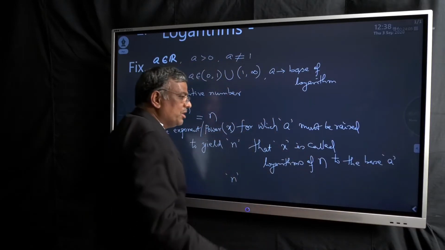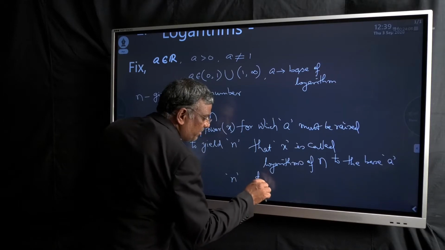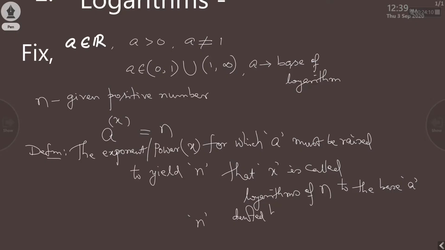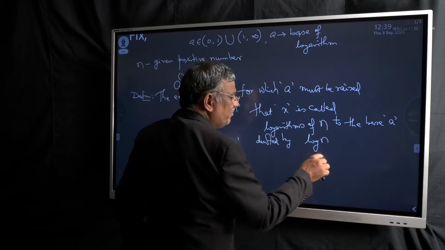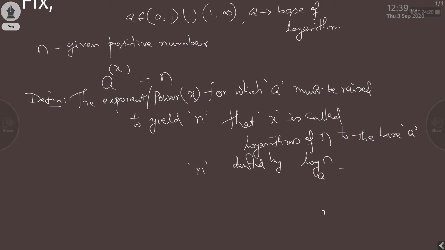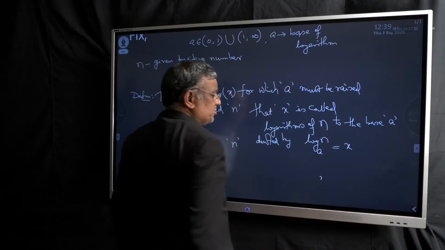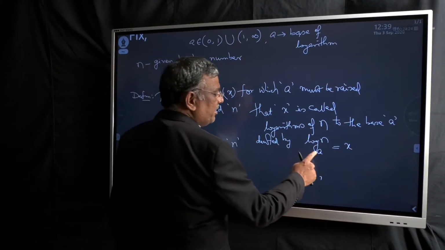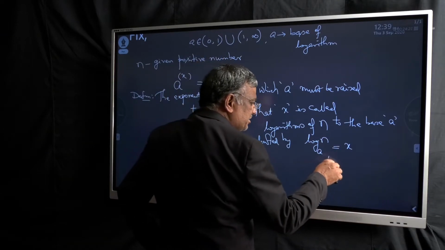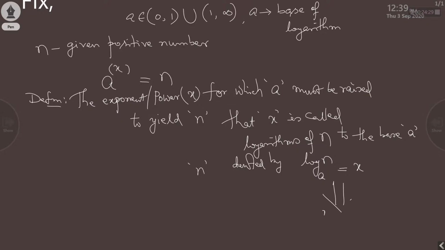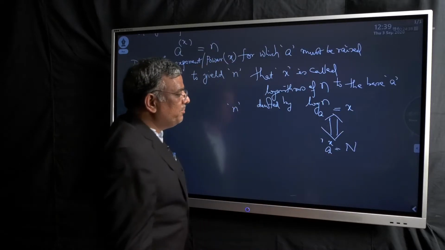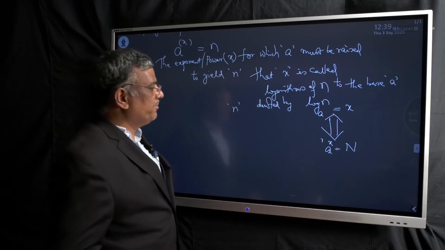Logarithm of N to the base a is denoted by log base a of N equals x. Its meaning is that, in both ways, a to the power x is equal to N.